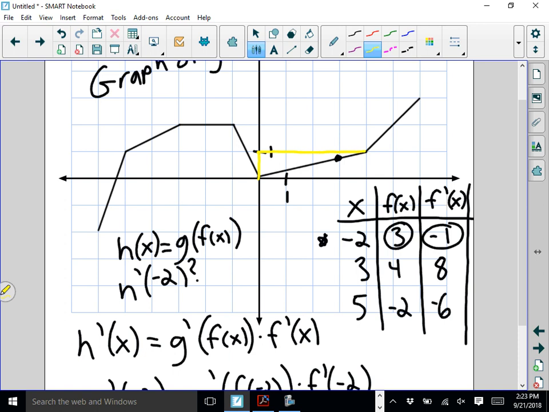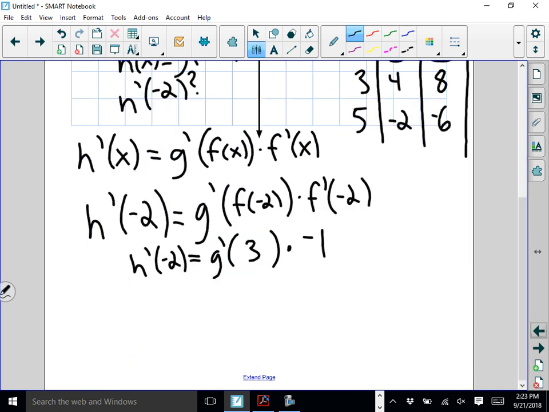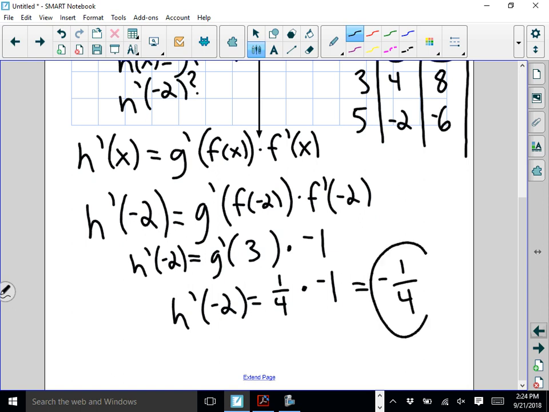So my slope here is 1/4. And I'm taking that 1/4 and multiplying by negative 1, so I end up with an answer of negative 1/4. Right? That is h prime of negative 2.